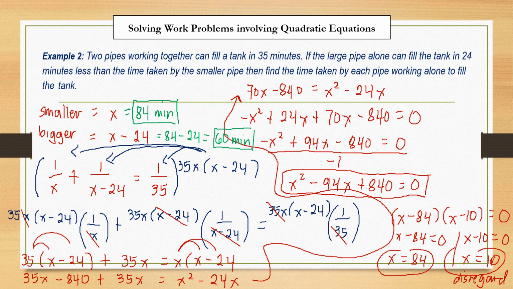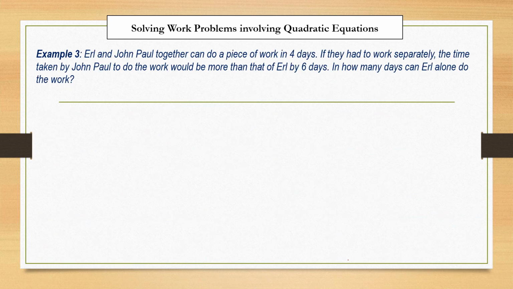For our third example, we have Earl and John Paul together can do a piece of work in 4 days. If they had to work separately, the time taken by John Paul to do the work would be more than that of Earl by 6 days. In how many days can Earl alone do the work?